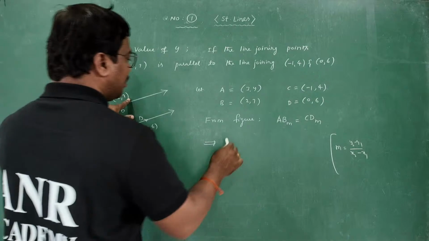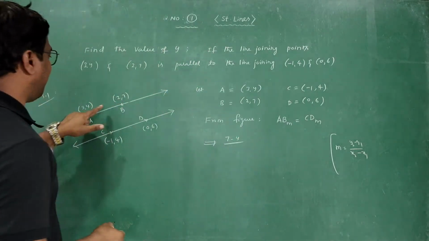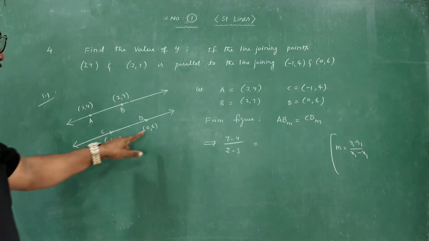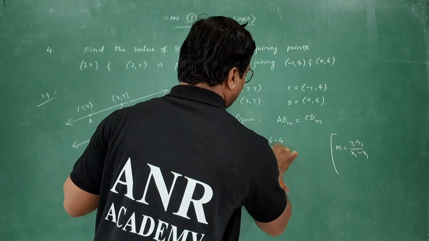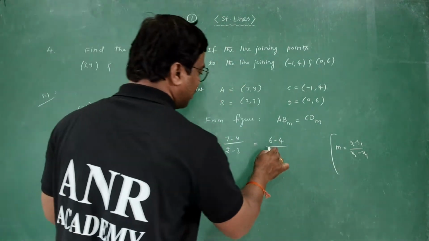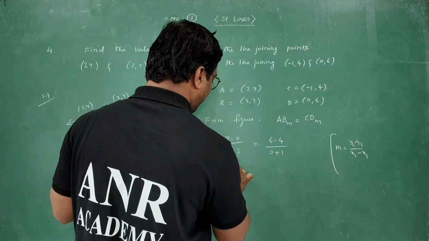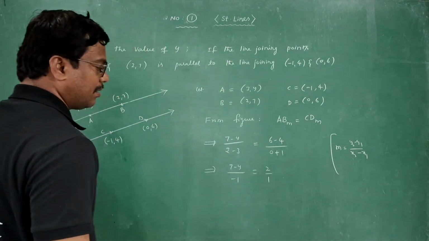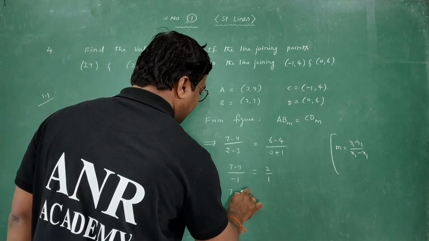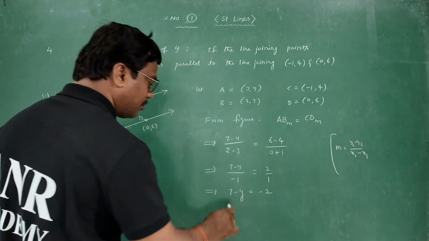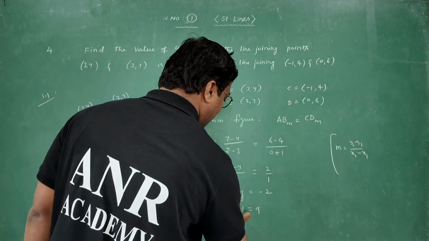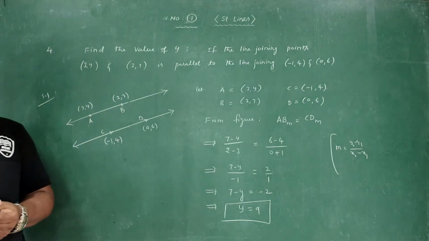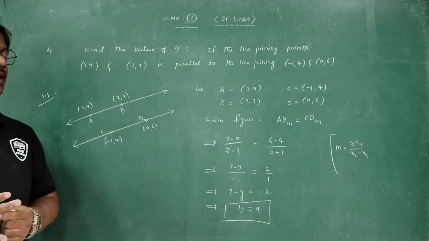Using this formula you will get 7 minus y divided by 2 minus 3 which is equal to slope of next line 6 minus 4 divided by 0 minus minus 1 nothing but 0 plus 1. 7 minus y divided by minus 1 which is equal to 2 divided by 1. On cross multiplication we get 7 minus y become minus 2 and the value of y become 9. This is your answer.